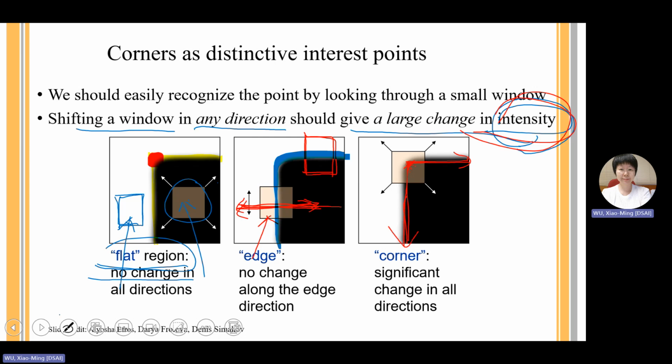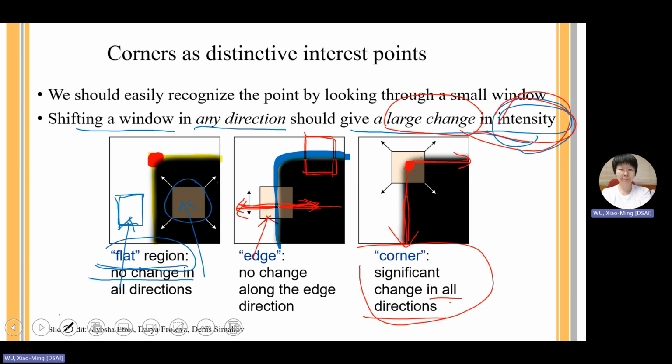So in this case, if you move the window in any direction, will there be a significant change? Yes. If your window is at a corner position, then there will be significant changes in all directions.